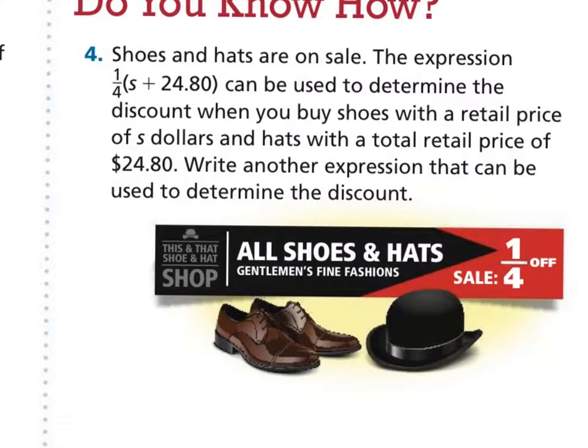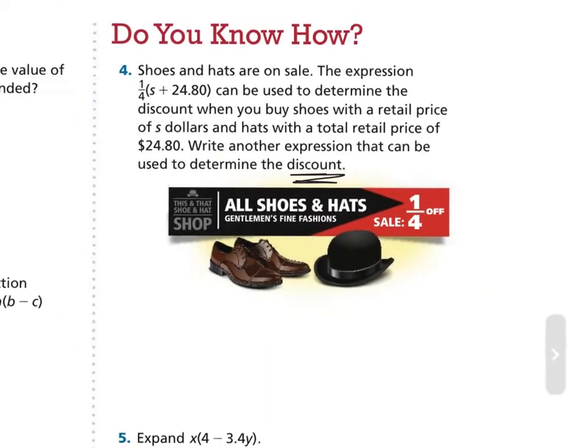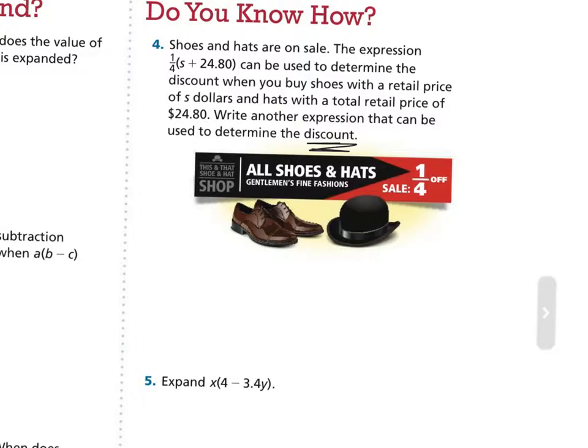So basically we're just finding an equivalent expression is what we're doing. You can see these are 1/4 off. That's how they got the 1/4. And this, again, is actually just determining our discount, not what we're paying, but what we're saving off of the regular price.